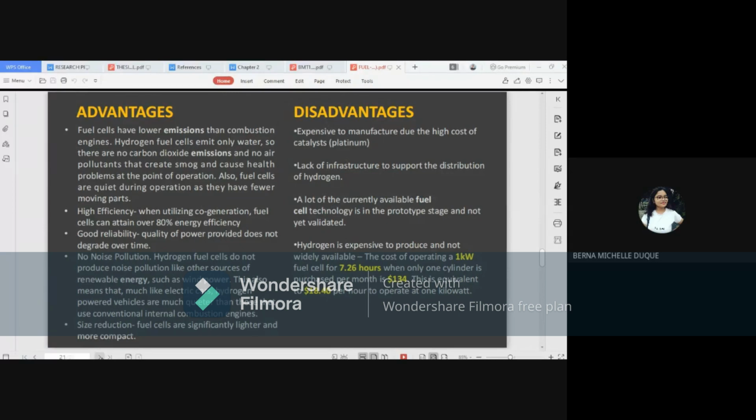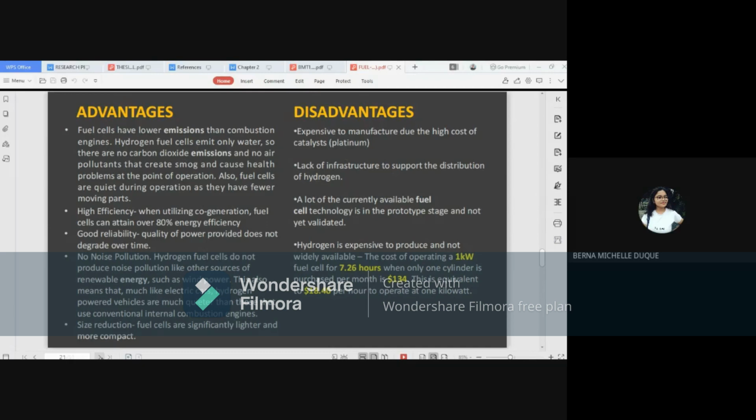The disadvantage is that producing a fuel cell can be costly because it is expensive to produce the platinum catalyst, and there is a lack of infrastructure to support the distribution of hydrogen.